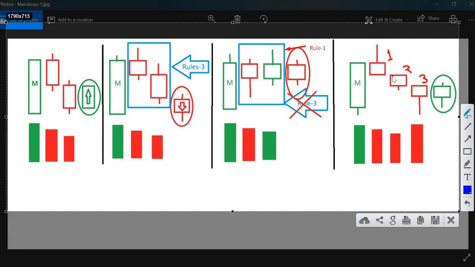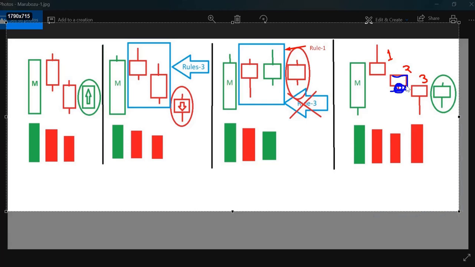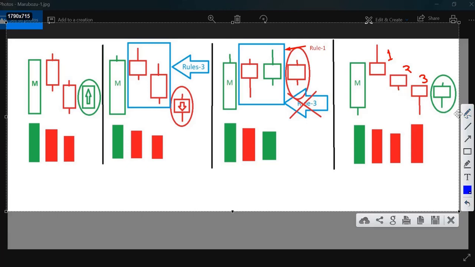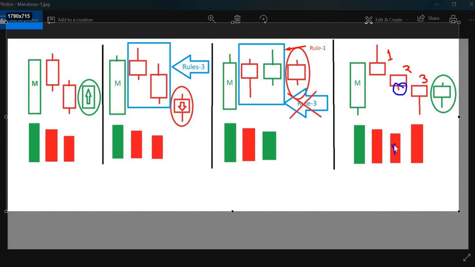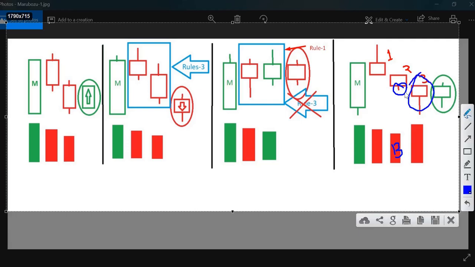We found which party entered at first: sellers entered strongly first, and buyers entered from the lower side. If buyers should enter here strongly, they should increase the volume, right? But buyers can't increase their volume. It's a one-sided entry. That's why the next candle is again a red candle.